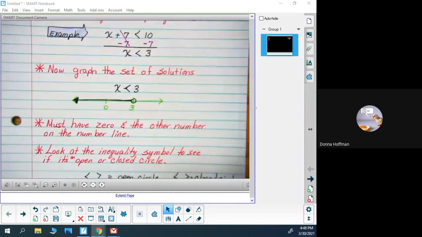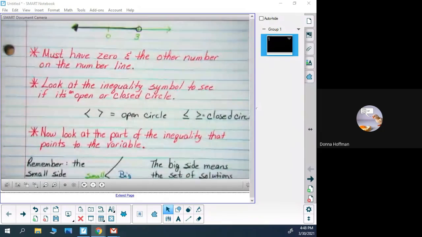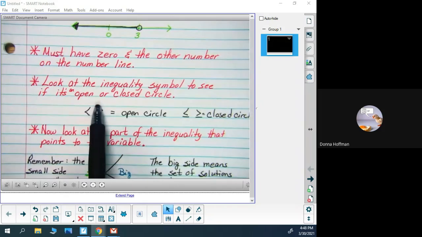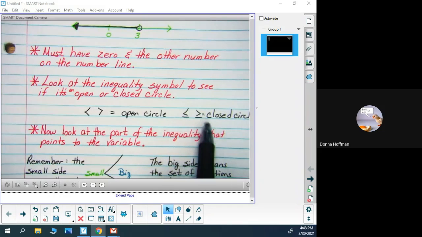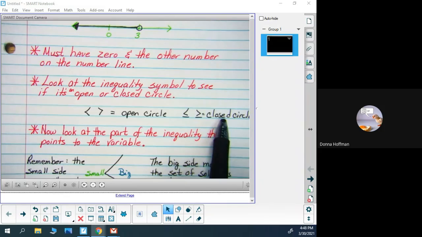Now you're going to look at the inequality symbol to see if it's open or closed. Please remember that the less than and greater than symbols are open. The less than or equal to, greater than or equal to, use closed circles, okay? Then you're going to look at the part of the inequality that points to the variable, and you're going to decide which way it goes on the number line.